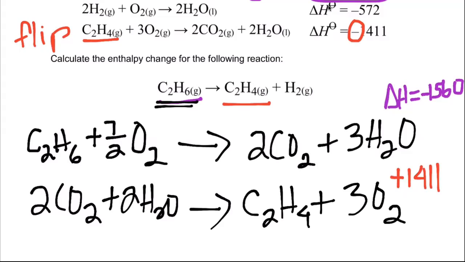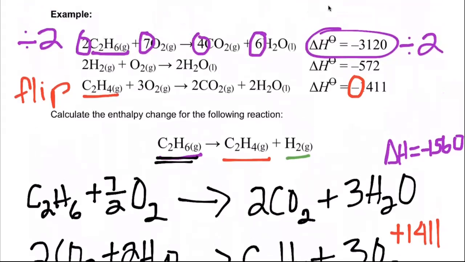All right, so then the last thing that I have is I have hydrogen gas, H2. So there's only one more equation we haven't used. That's the second one. And if you look, the hydrogen is in it. So seems like we're on the right track. But there's 2 problems. Number one, there are 2 hydrogens. There's a 2 coefficient. I only want 1, so I'm going to have to divide it by 2.